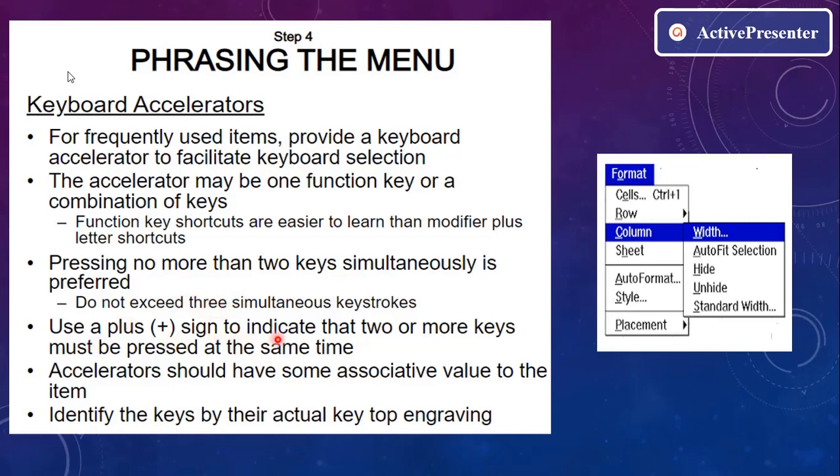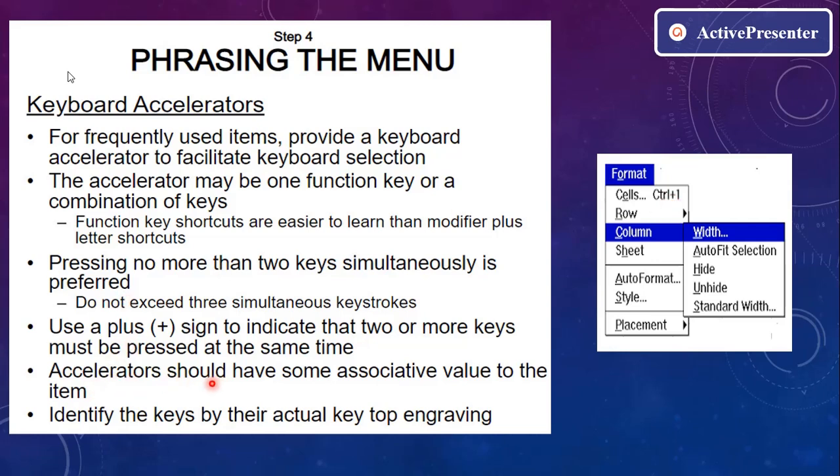Use a plus sign to indicate that 2 or more keys must be pressed at the same time. So usually when you are placing it on the menu, you will be writing, see here, cell after cell we have written the keyboard accelerator as well, with a plus sign, which indicates 2 or more keys will be pressed at the same time.